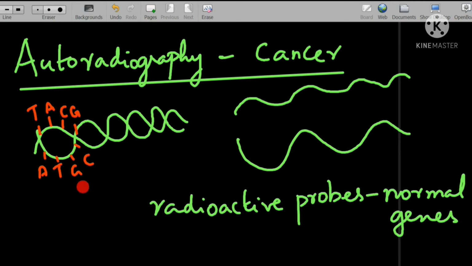The radioactive probe which is used may have complementary bases like thymine, adenine, cytosine, guanine.